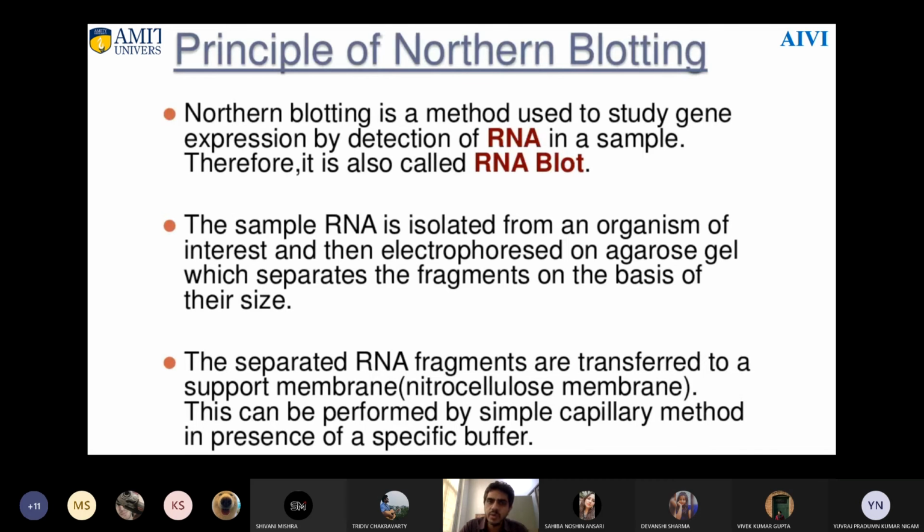In Southern blotting, DNA remains there whether transcription is happening or not. But in Northern blotting, only if transcription is there will the RNA form. Otherwise, RNA will not form.